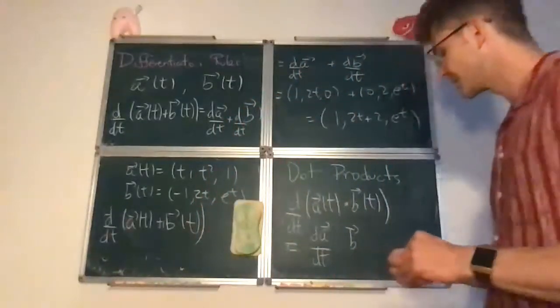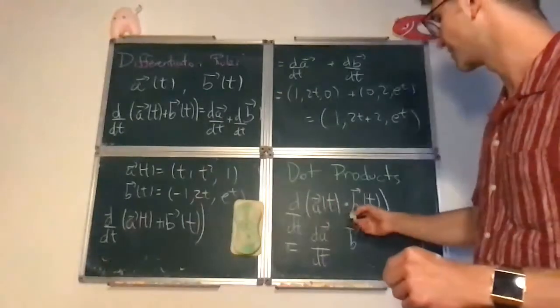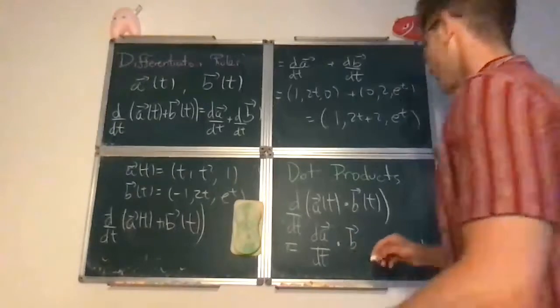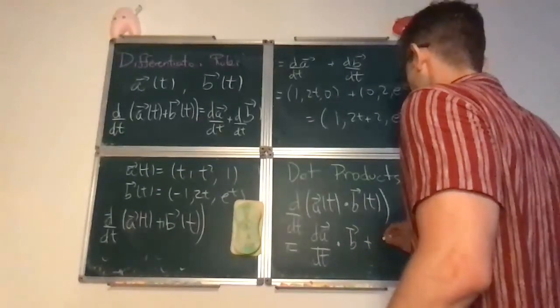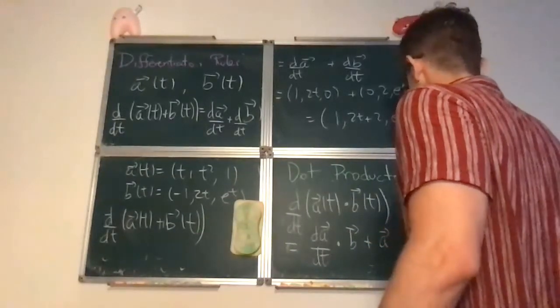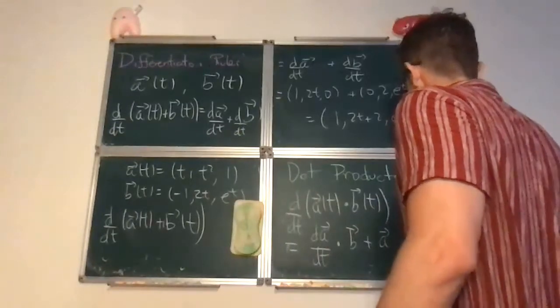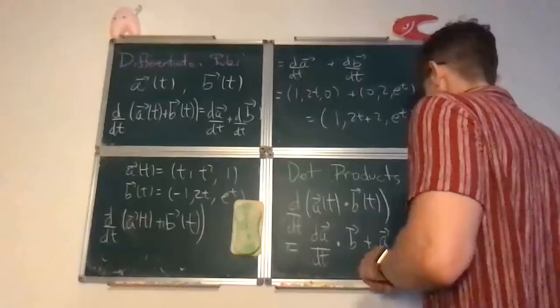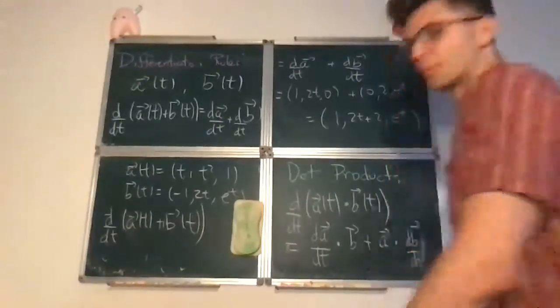That's true still in this case, but now the multiplication is a dot product, so you have to put a dot product here. And then the first one, derivative of the second one, and again, this is all good, but you just have to remember to put a dot product here.